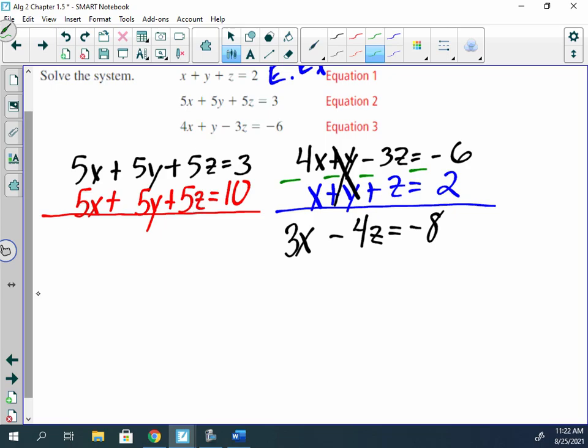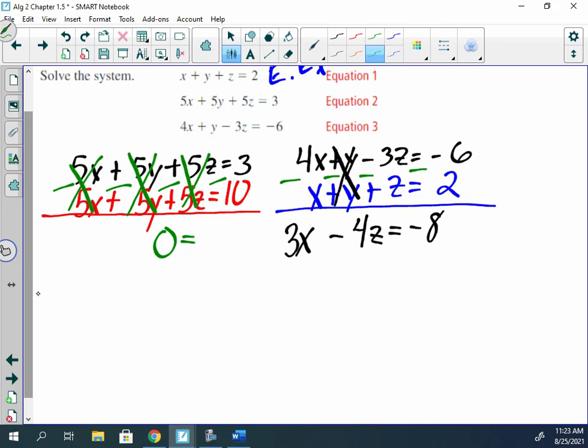We would subtract because the signs are the same. 5x minus 5x. 5y minus 5y. 5z minus 5z. So everything's zeroed out on that side, so the whole side is 0.